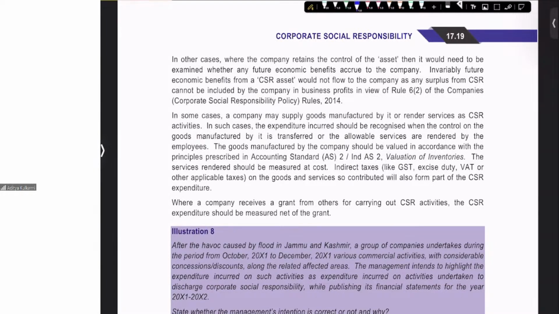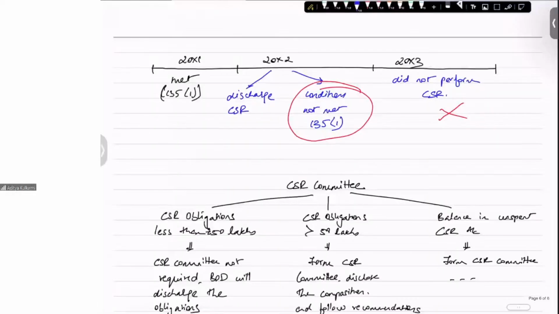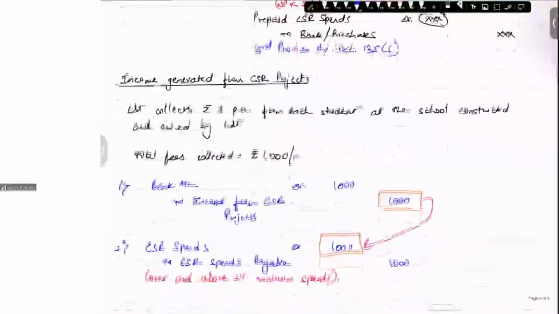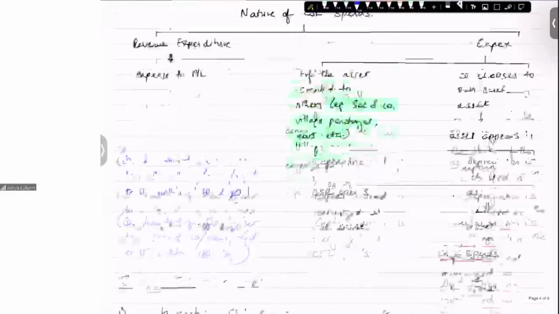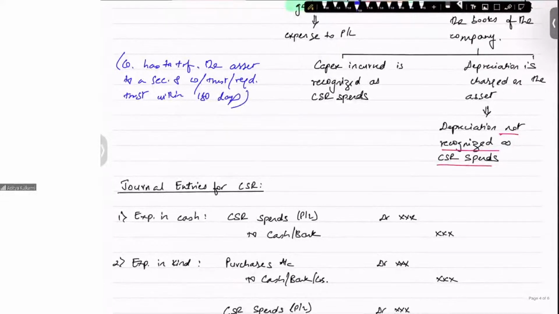Let me just add to this: within 180 days, with extension allowed up to 90 days, you will transfer it.